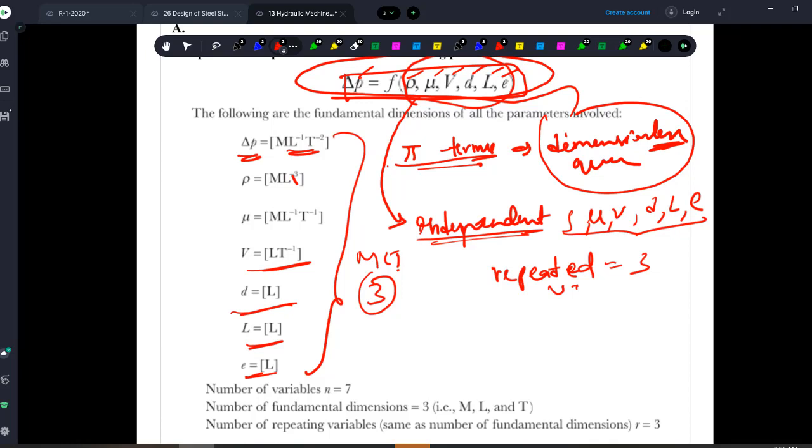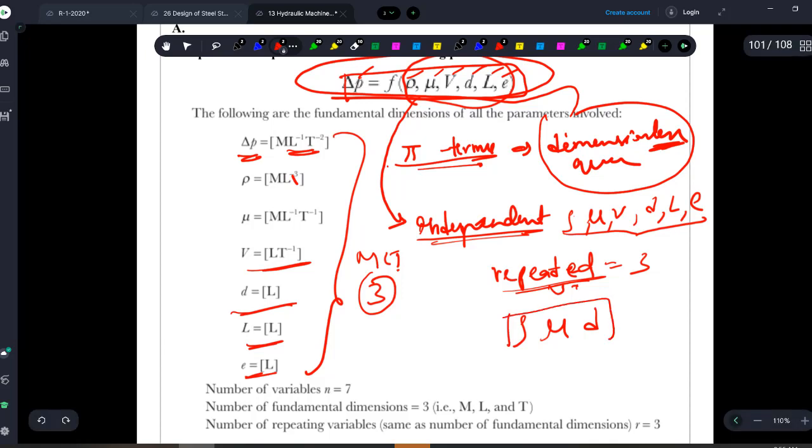Okay, what am I doing? Let us say that the repeated variables are rho, mu, d. There is a process to select these repeated variables also. I will teach you later on. But for now, to understand the concept, let us select 3 repeated variables: rho, mu, d. So I can write rho, mu, d as one set. How many remain? With rho, mu, d removed, v, l, e remain.